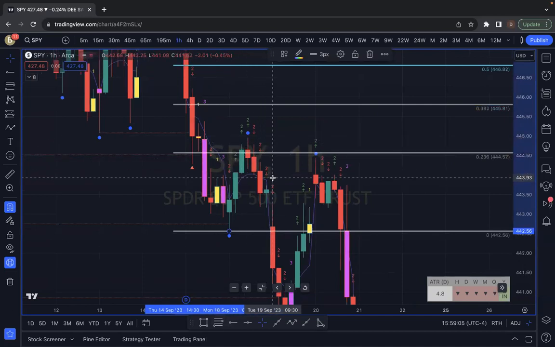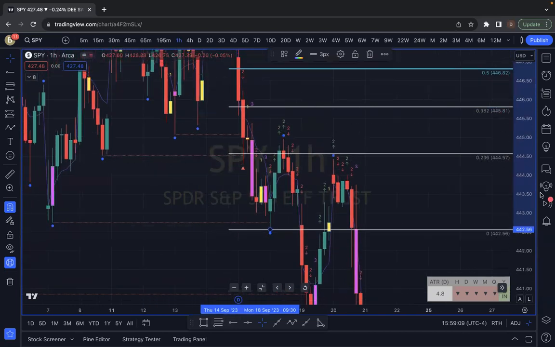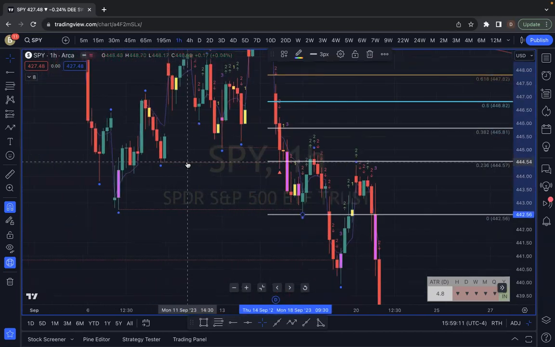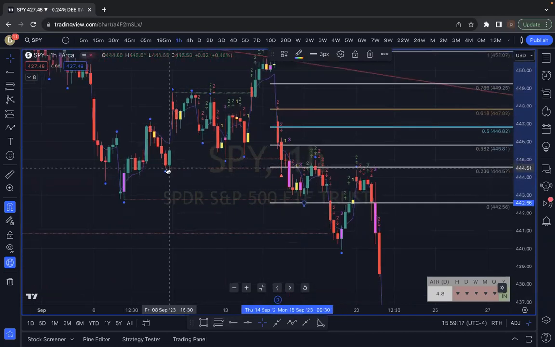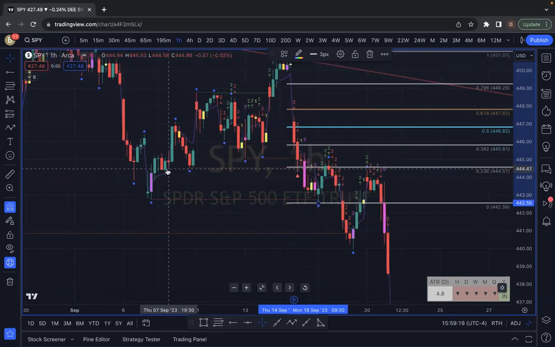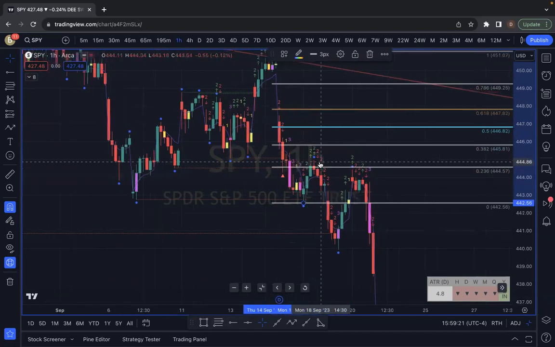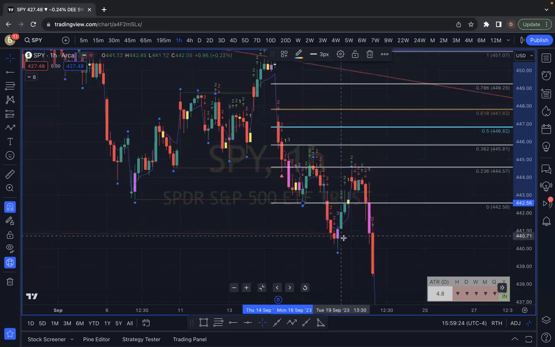So for me personally, I would have to pair this with a support or a resistance. I wouldn't take a trade off a 2, 3, 6 solely because of a 2, 3, 6. So if I looked over here, I see that we have a support, which turned into a resistance. That's a key area for it to sell off.